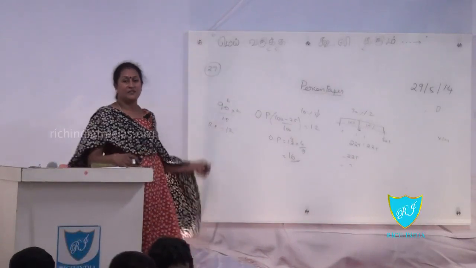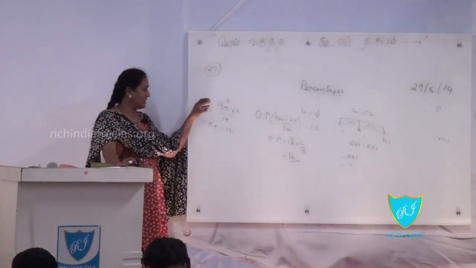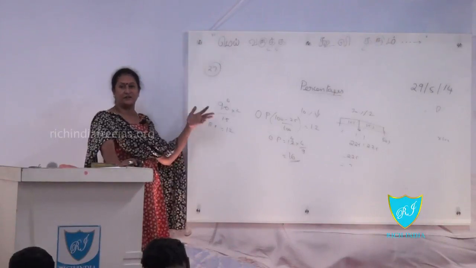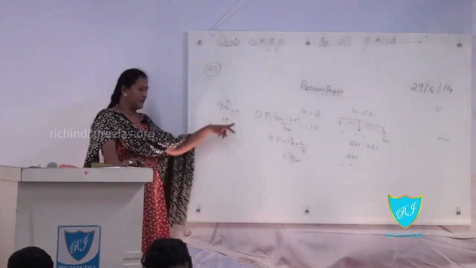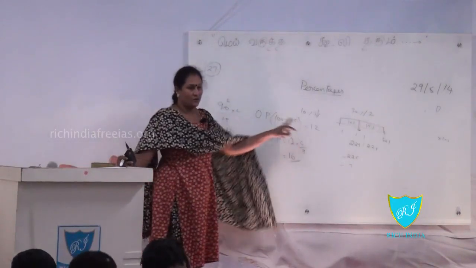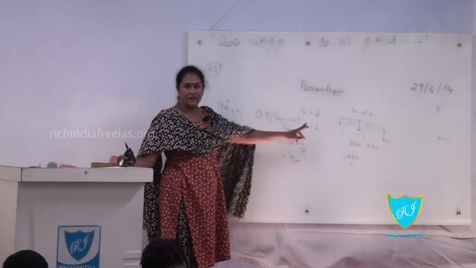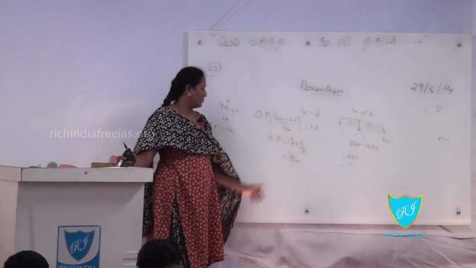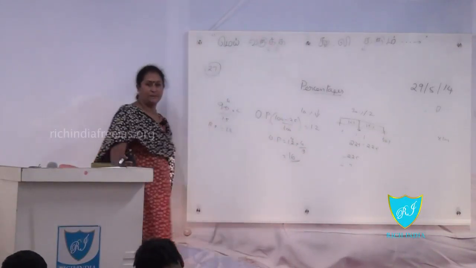So 90 rupees is saved. With this 90 rupees he is buying 7.5 kg more. So 90 by 15/2 gives 12 rupees, the reduced price. Original price into this factor is 12. So find the original price: 16.